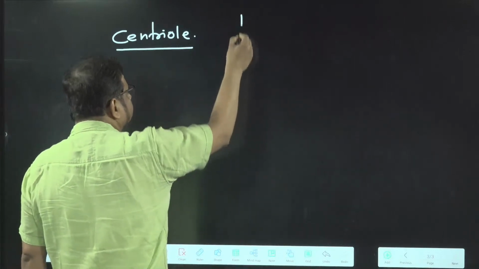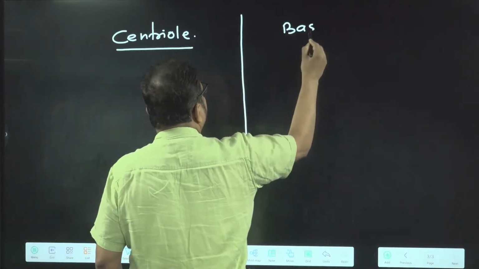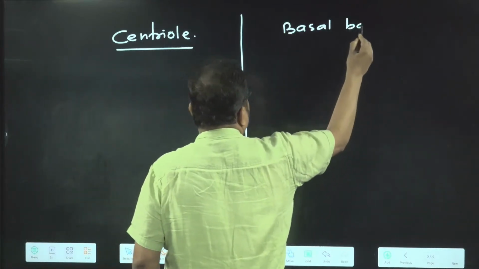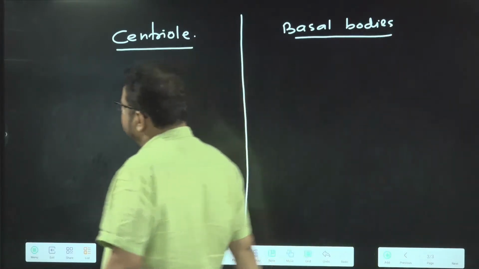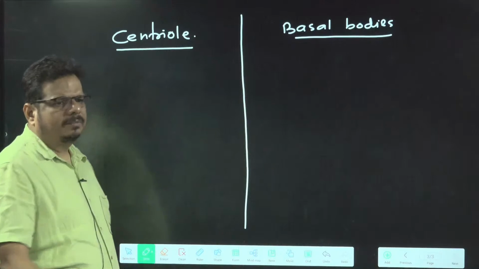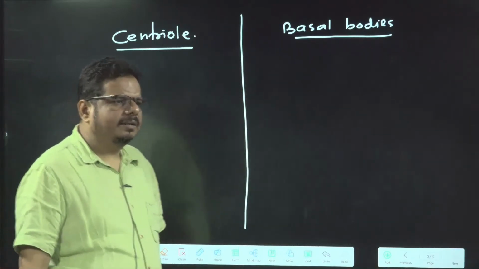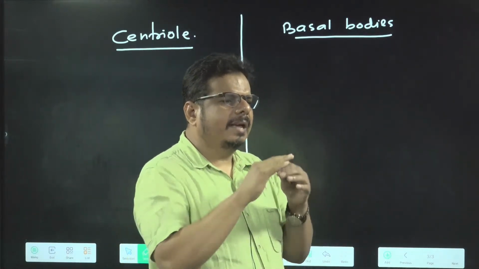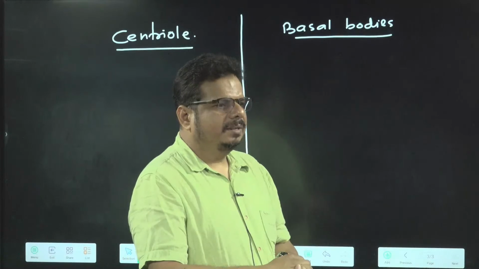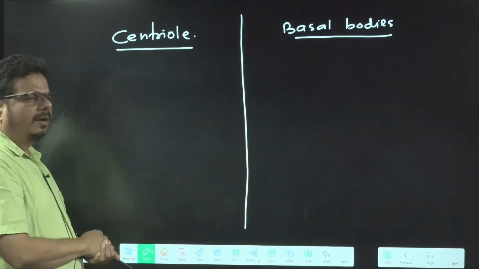So look here. Here is centriole and here I am writing basal body. First of all, we will discuss some differences between centriole and basal body, then we will talk about their ultrastructure. Actually, centriole and basal body have the same ultrastructure, but their location and number are different.